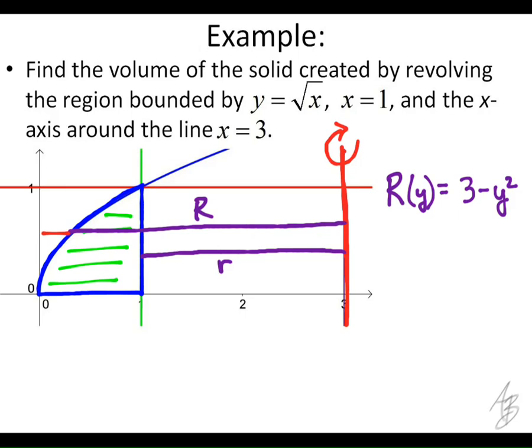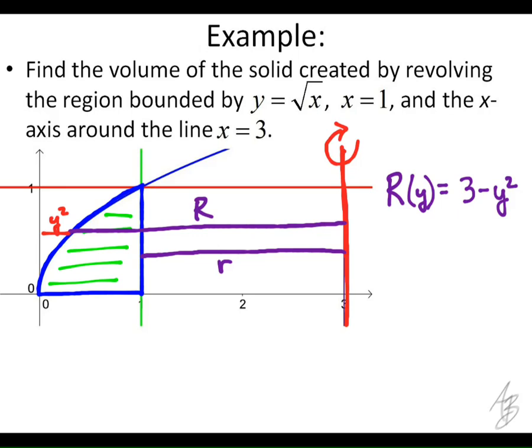This distance right here, that's going to be y squared. So then the distance from the line x equals 3 to that point is going to be 3 minus y squared. So it's the bigger minus the smaller. I'm just subtracting the x values. So the x value here is 3, the x value here is y squared. So the big radius is going to be 3 minus y squared.